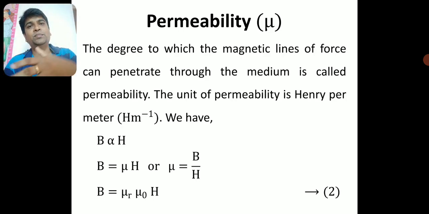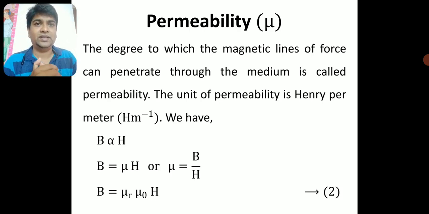If more obstruction, more permittivity. If less obstruction, less permittivity. But here it is not the obstruction, it is the degree of penetration. How much magnetic lines of force are penetrating through the medium is what the permeability is.